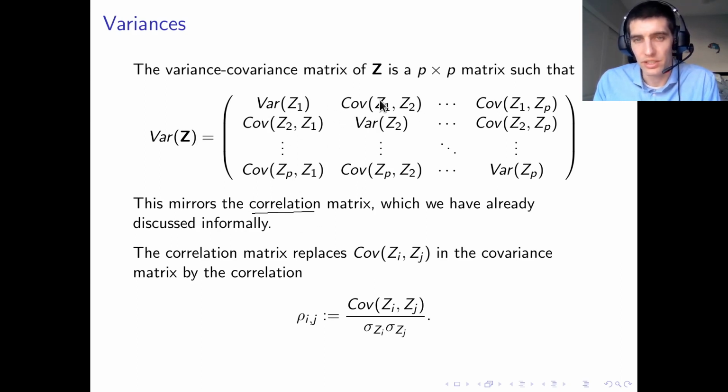So the ij entry in the correlation matrix will have the correlation between zi and zj instead of the covariance between them. More detail about the correlation matrix: instead of covariance here we have the correlation, where recall that the correlation is the covariance divided by the standard deviations.